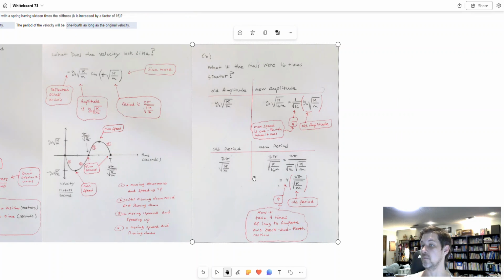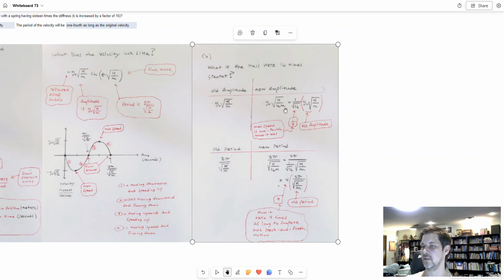And here we go. The old amplitude was y naught root k over m. If you make m 16 times as big, it will be 16m. I can factor out root 16 times y naught root k over m, but 1 over root 16 is 1/4. So that says the old amplitude times 1/4 is going to be the new one.